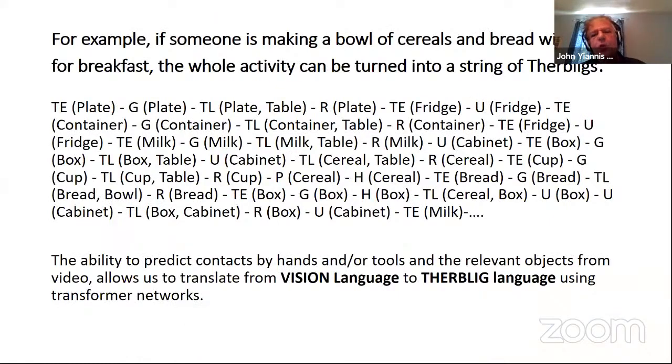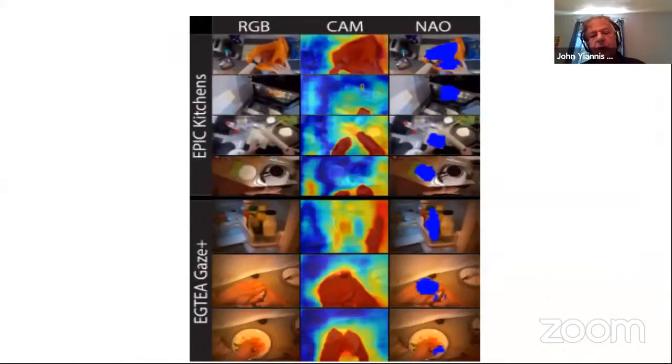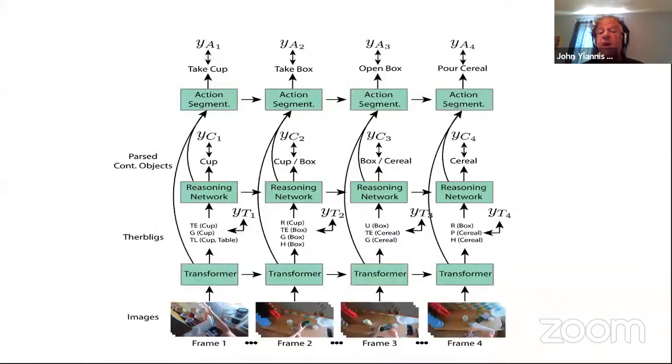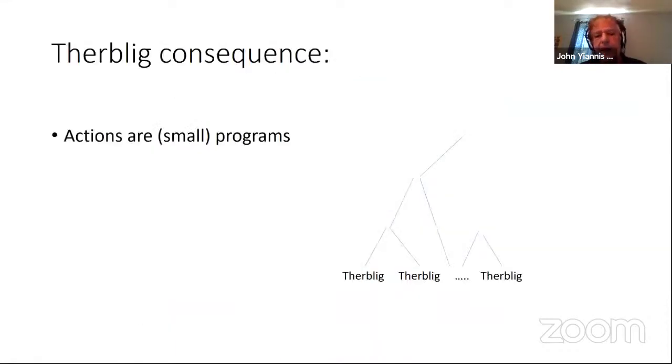If you can do that, so basically what you could accomplish is using transformer networks. You can take the video of the action and you can turn it into Therblig, and then you can use basic constraints on the Therblig with another network to produce the actions. Because, for example, if your hand is moving and it's holding something, you cannot grasp something with that hand.